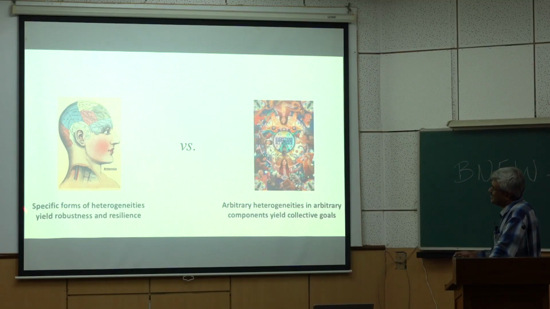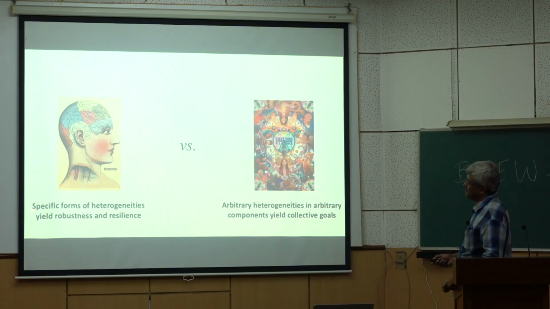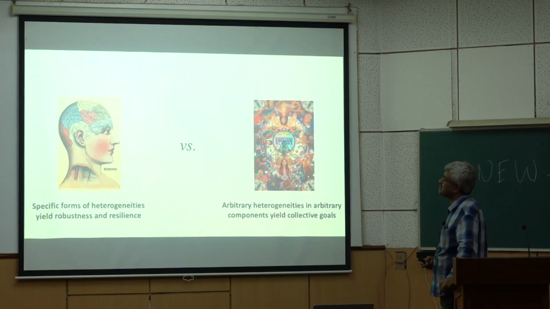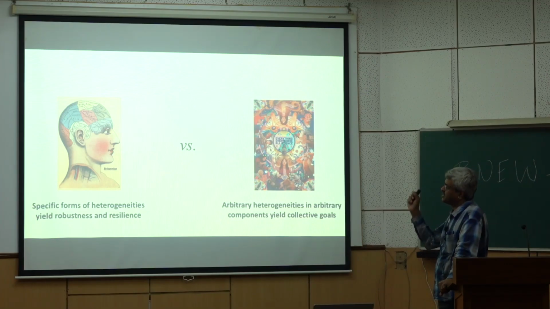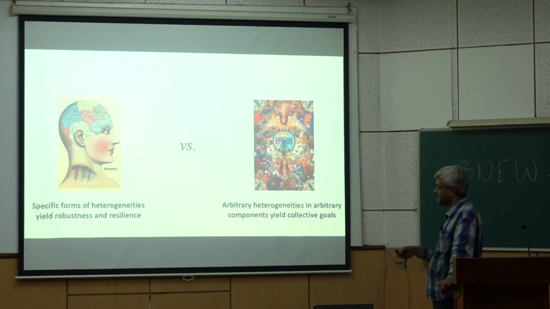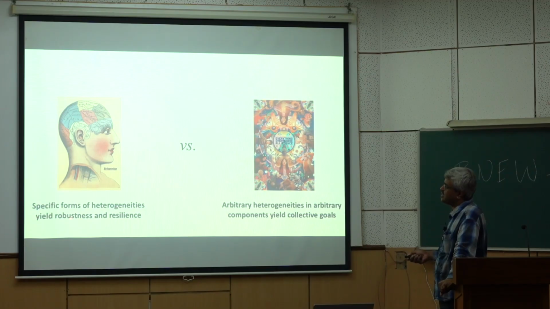Bringing that same notion to the idea of heterogeneities: so far, people who have been looking at heterogeneities have been looking at specific forms of heterogeneity, specific degrees of heterogeneity, specific networks, and have been showing that there are specific forms of heterogeneity that yield robustness and resilience to the network we are looking at.